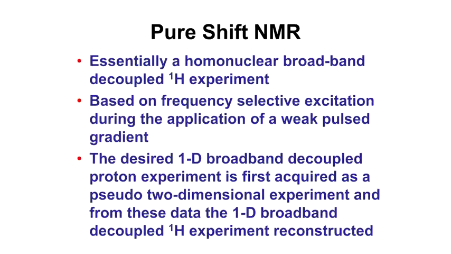So pure shift NMR is a broadband decoupling proton experiment. You're decoupling across everything, which is almost impossible to do, but there are some tricks they've done. What they do is frequency selective excitation during, again, a weak gradient.